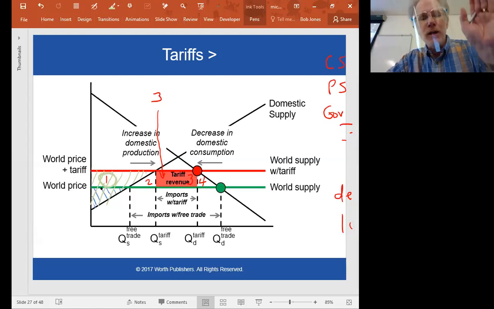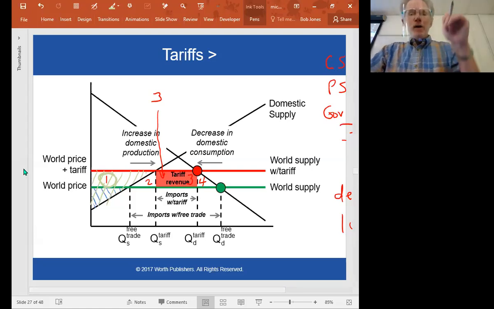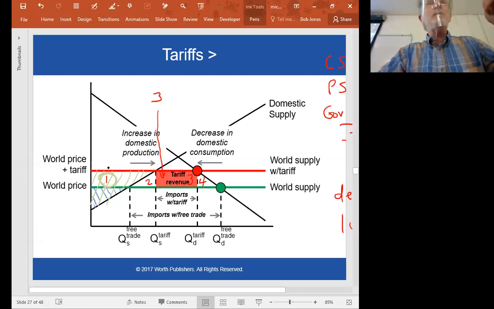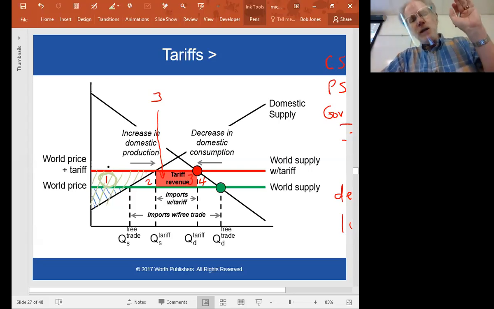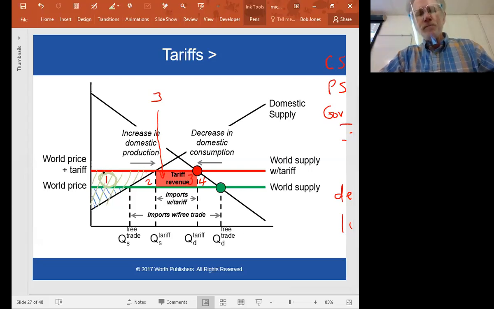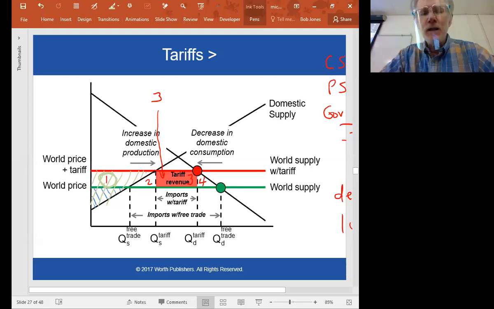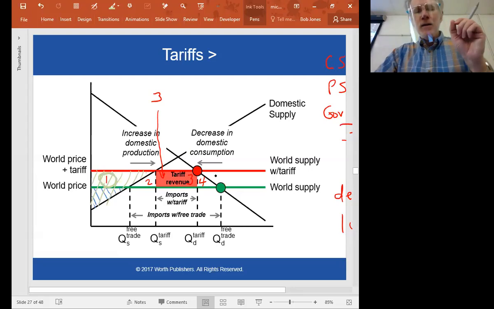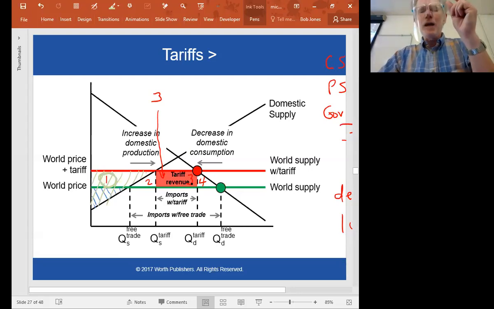Okay? So we've done two things. We've identified the loss to consumers. They're losing 1, 2, 3, and 4. We've identified the gain to producers. That's area 1. And now we got to think about the government. Okay? The government is getting a tariff. They're getting tax revenue.